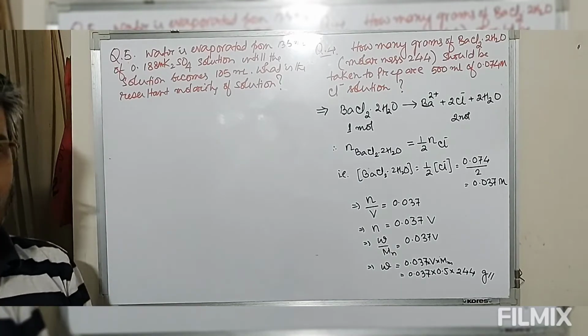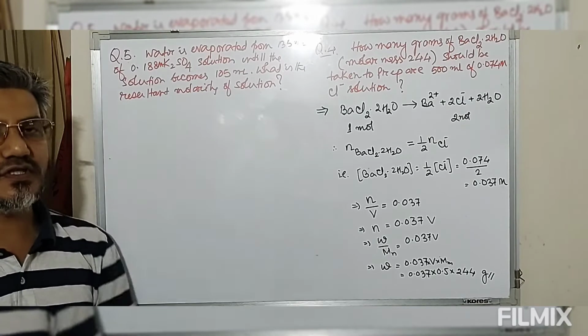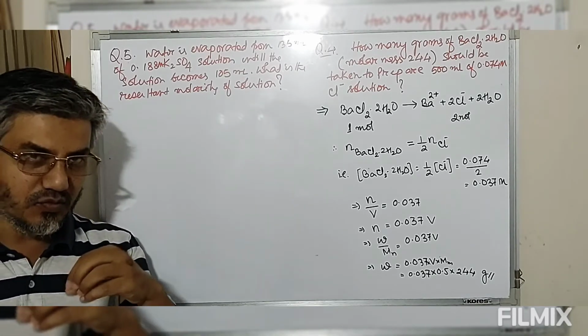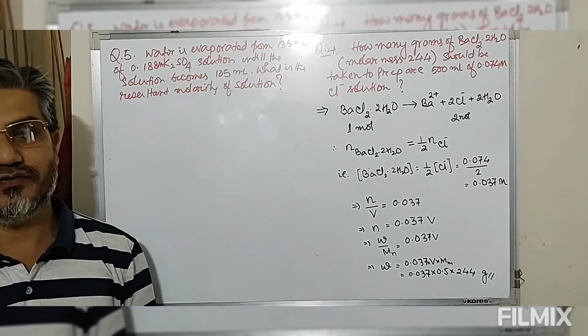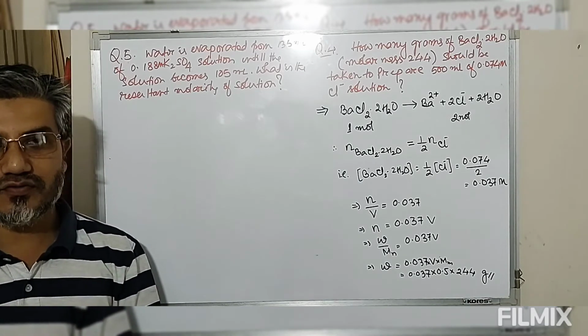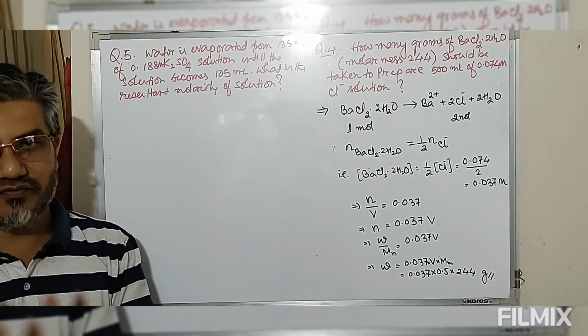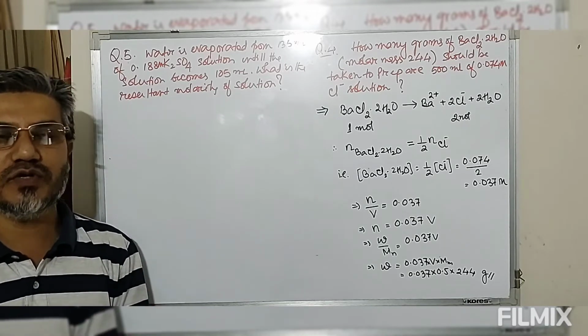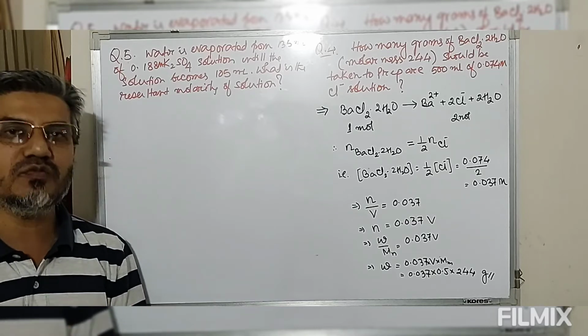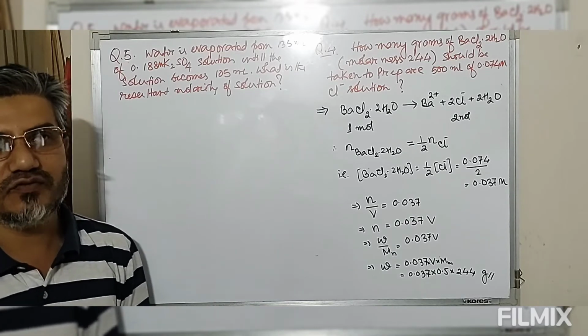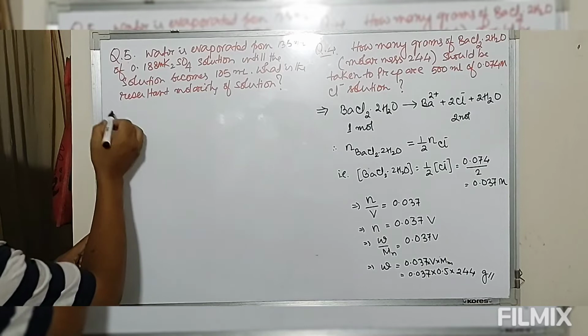Now look at this. In this process, we are just removing the water without changing the number of moles of the potassium sulfate. So the number of moles of potassium sulfate before evaporation and after evaporation will remain the same. Only the volume of the solution changes, so the concentration will change. So now look at this.